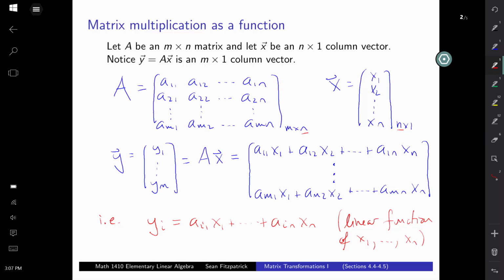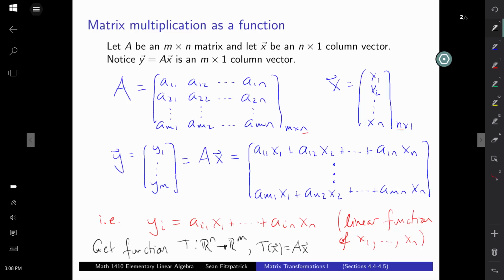So what we get is a function, let's call it T. It's going to go from Rn to Rm, thinking of these as spaces of vectors, and so T of x is equal to A times x, right?